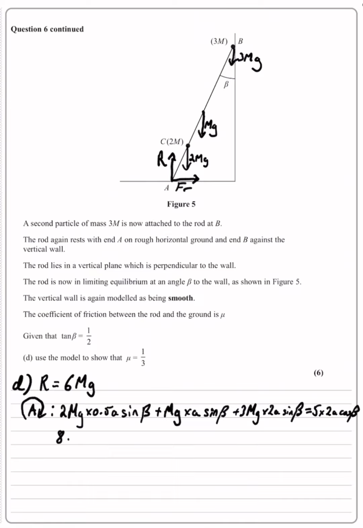Simplifying the left-hand side and collecting everything together, we'll get 8a mg sine beta. And that's going to be equal to S times 2a cos beta. Dividing both sides by 2a cos beta, we can get the normal reaction force at B. Our S is going to be 8a mg sine beta all over 2a cos beta.